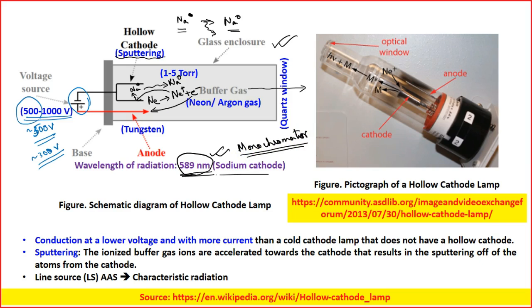Now another question might arise: sir, why have we chosen only this, and you said if I have to analyze sodium, we have to use a sodium cathode. The thing is that sodium, when it is in the excited state, has higher energy, and when it loses the energy, it emits radiation at a particular wavelength.